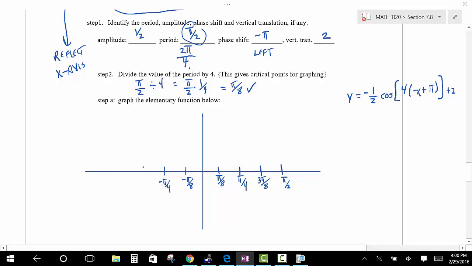So let's go negative pi over 4, negative 3 pi over 8. This would be negative pi over 2. Then it would be negative 5 pi over 8, negative 6 pi over 8, negative 7 pi over 8, and then all the way to negative pi, like that. So this one is really negative 3 pi over 4, like that.